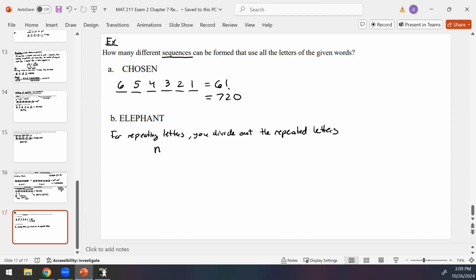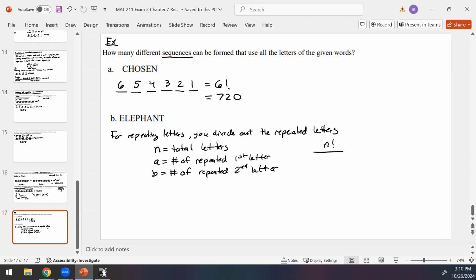So n is equal to the total letters. And then a is equal to the number of repeated first letter. And then b is equal to the number of repeated second letter. And so the formula is n factorial over a factorial, b factorial, dot, dot, dot. So you just keep dividing out the ones that repeat, okay?